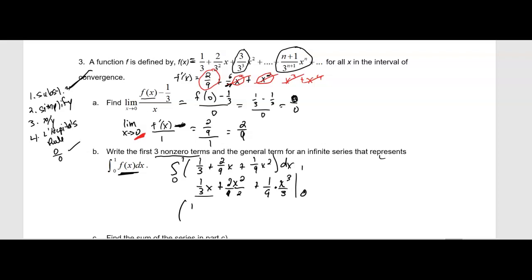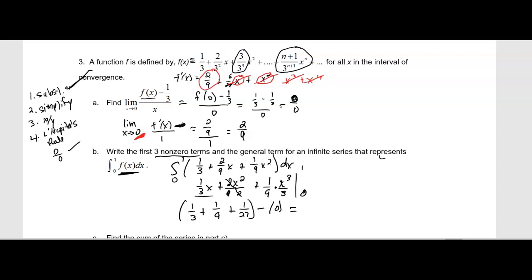So this term would become a 1/3. If you notice what happens in the second term, these guys would have canceled, and we would just get a 1 squared over 9, so 1/9. Over here, we would plug in your 1, you would get a 1 over 9 times 3, which is 27. That's your upper limit plugged in. Minus, throw in your lower limit, they all have an x, so our lower limit would just yield a 0.